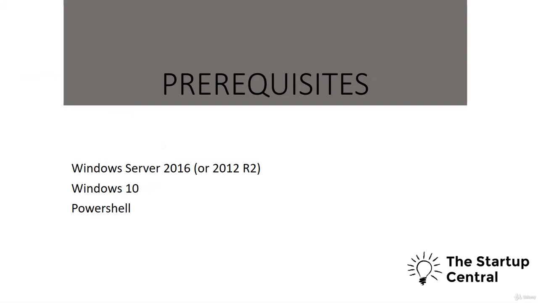You should have as prerequisites some knowledge in regards to Windows Server 2016 or Windows Server 2012 R2, some good knowledge in regards to the Windows 10 operating system, and some PowerShell knowledge. We will be touching as well on administering SCCM through PowerShell. Thank you, and I hope you will enjoy this course.